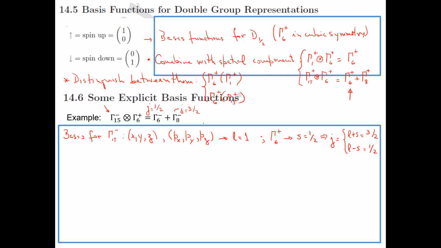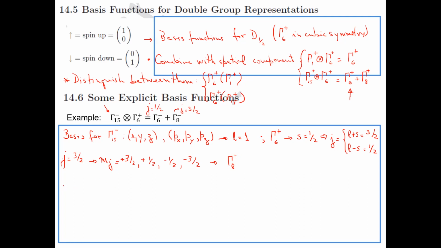For J equals 3/2, we have four possible values of Mj: plus 3/2, plus 1/2, minus 1/2, minus 3/2. So that is the fourfold degenerate state, gamma 8 minus.